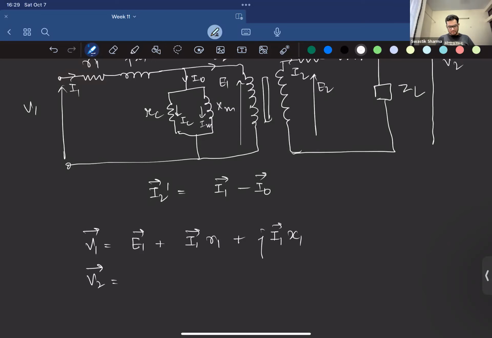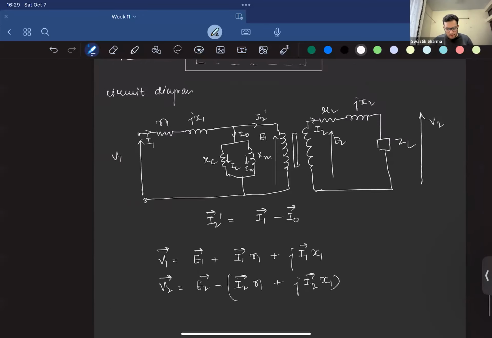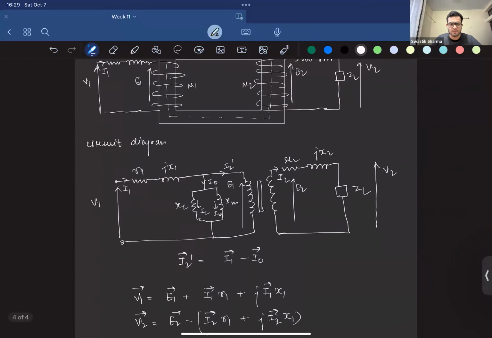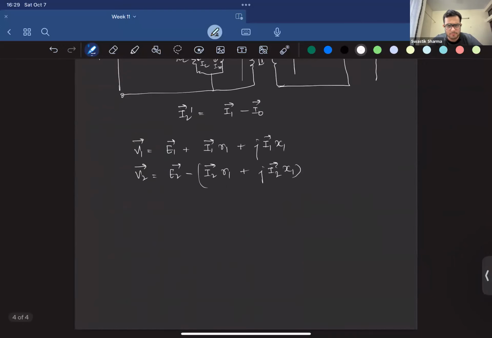Can anyone tell me? Simple, right? It's E2 minus I2 R2 plus j I2 X2, right? So we got these equations, and we know about the no load current I naught, so we don't need to write specifically about it right now.